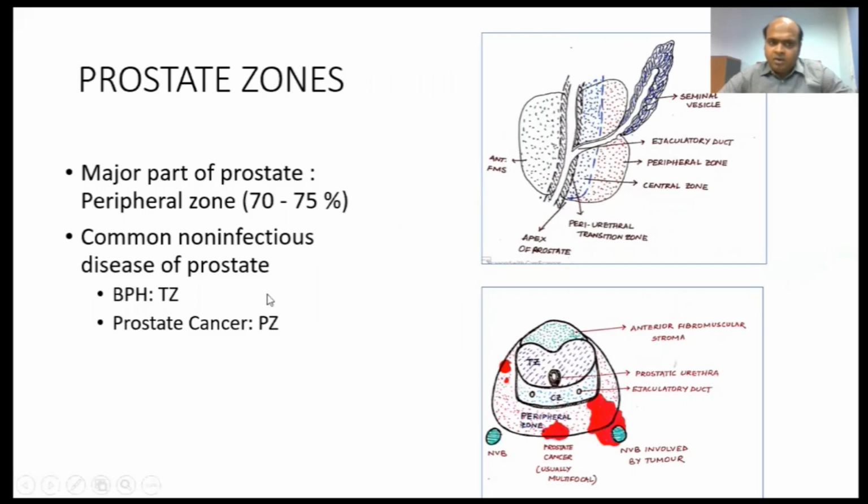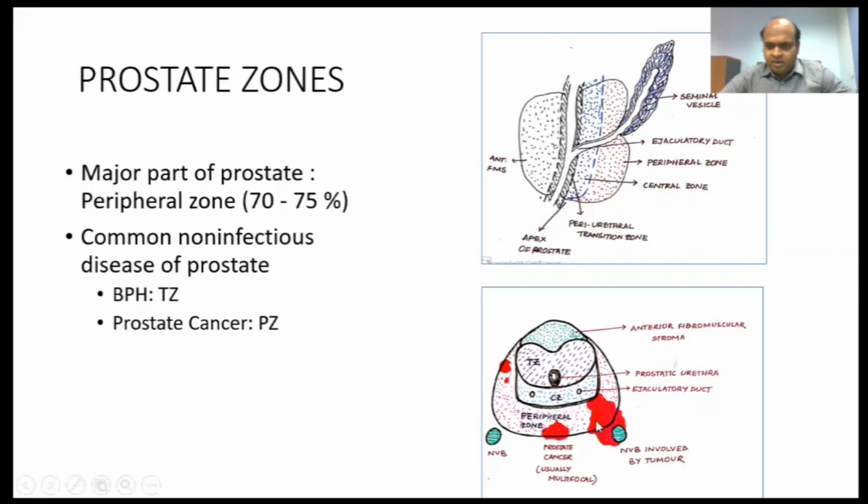The common non-infectious diseases of the prostate, as we know, are one, BPH, that is benign prostatic hyperplasia, and the other is prostatic cancer. BPH involves the transition zone of the prostate, that is, the zone which surrounds the urethra, and prostate cancer involves the peripheral zone, as you can see in the lower image.